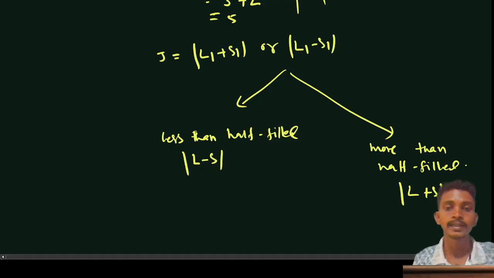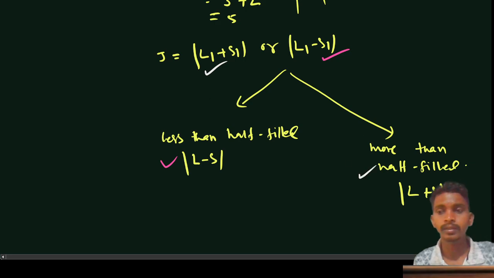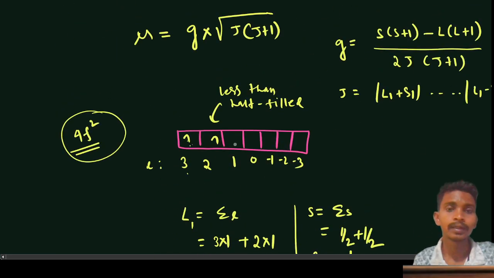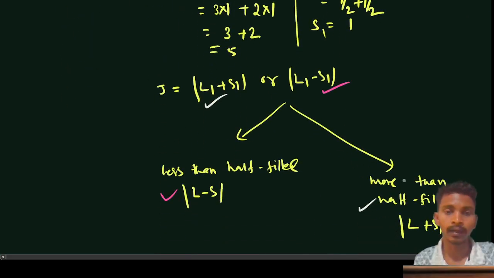If it is less than half filled, then this is taken, and if it is more than half filled, then this is taken. This is less than half filled, so we take L minus S.